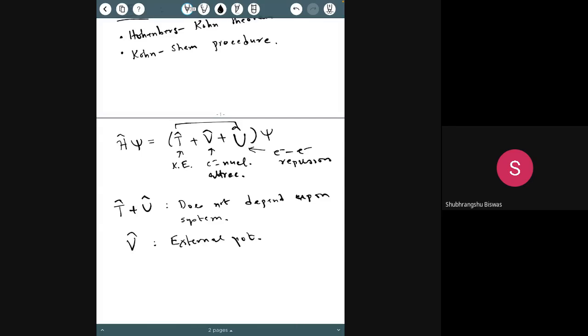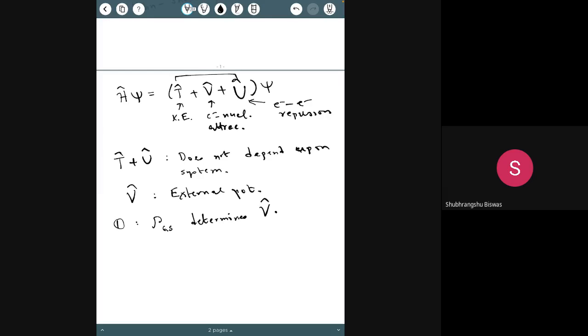So this was theorem 1: rho ground state determines V. A density is unique to a potential, to put it very short.